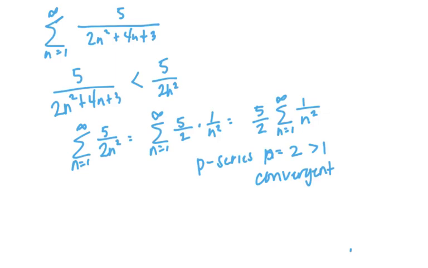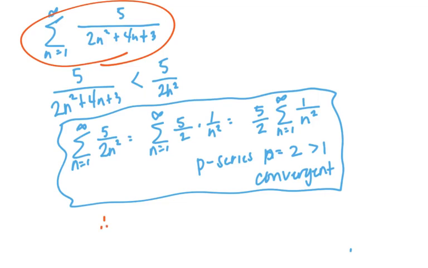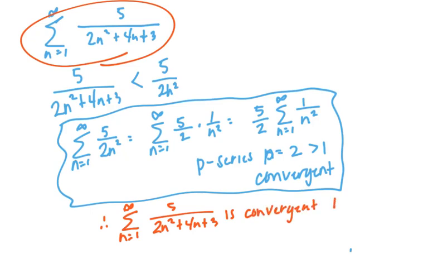And since our original series is smaller than this one, let's try that again. We know that this series is convergent. And since our given series is smaller than our convergent series, we can say, therefore, the sum from n equals 1 to infinity of 5 over 2n squared plus 4n plus 3 is convergent by the comparison test.